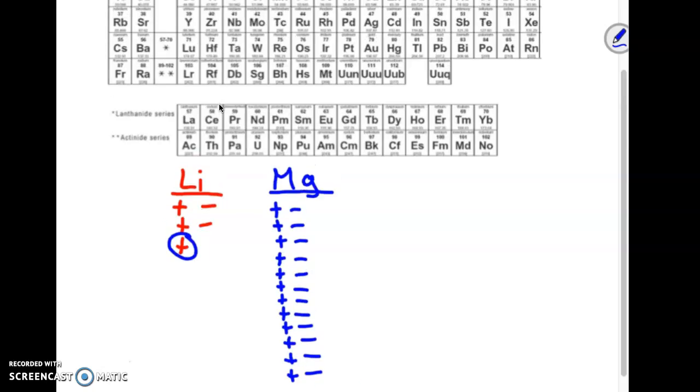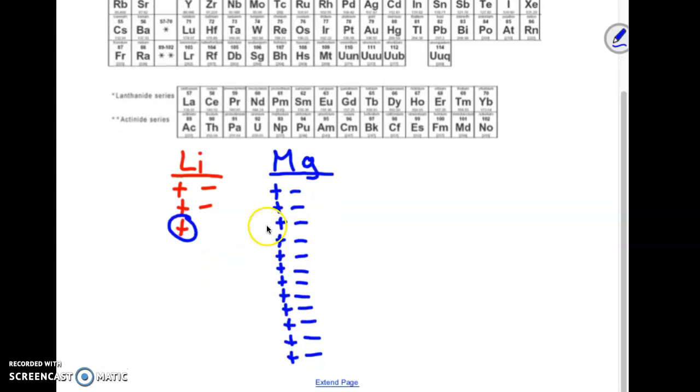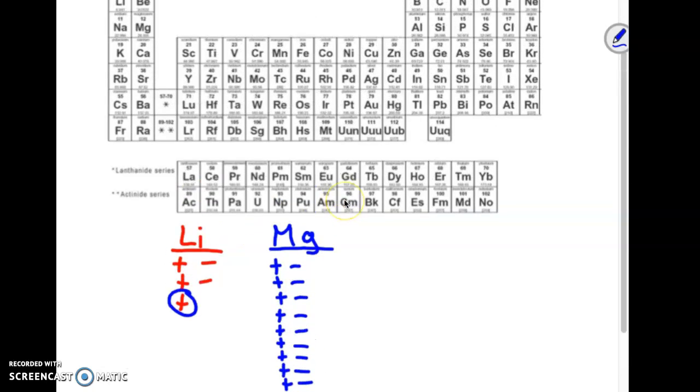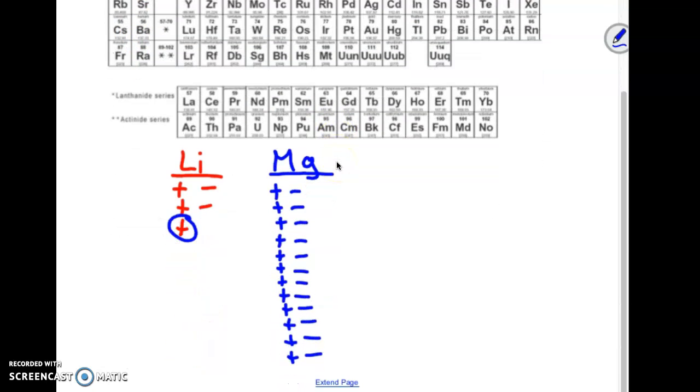Of those 12 electrons, 2 of them are the valence electrons. So if I scroll back up, what is it going to do with those 2 electrons? Well, it's closer to neon, which is number 10, than argon, number 18, because magnesium is number 12, right? And 12 is closer to 10. So in order for it to be like neon, the noble gas, because everything wants to be like a noble gas, it's going to give those 2 valence electrons away, and now we have a positive 2 charge.